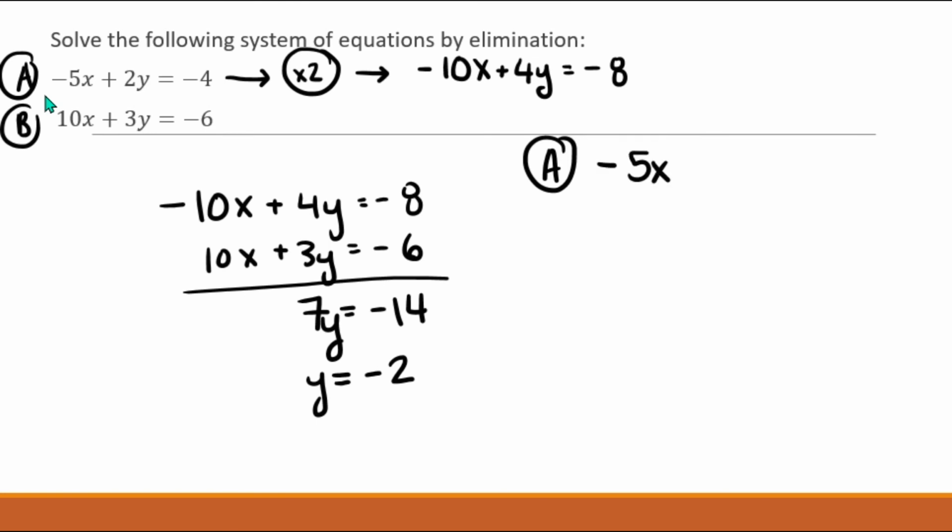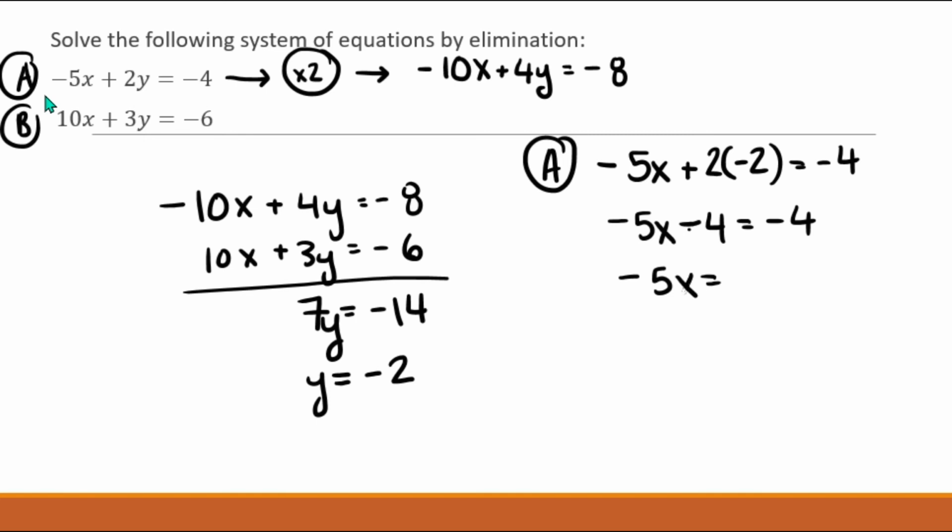Negative 5 times x plus 2 times negative 2 equals negative 4. Negative 5x minus 4 equals negative 4, and we have a situation where negative 5x equals 0, and we know from our previous example that just means x equals 0.